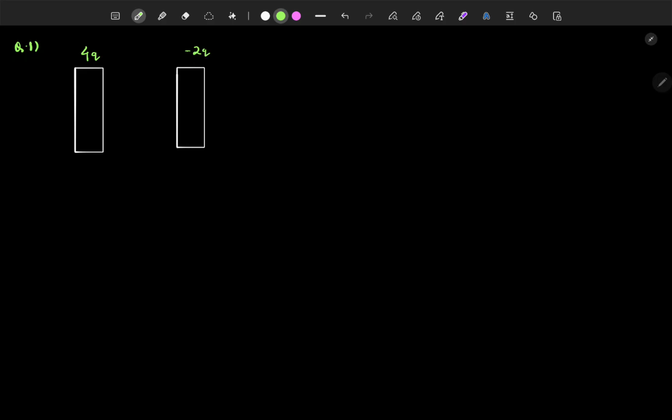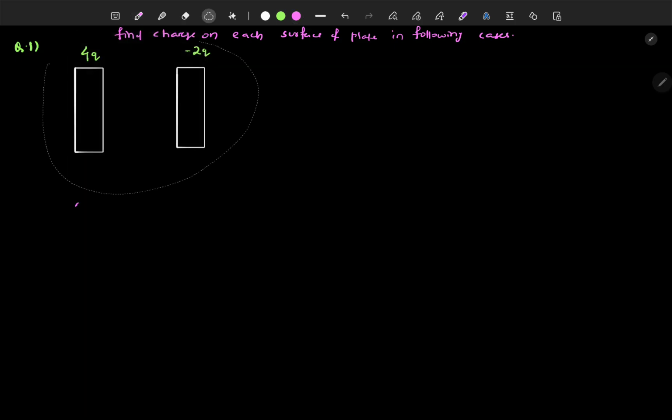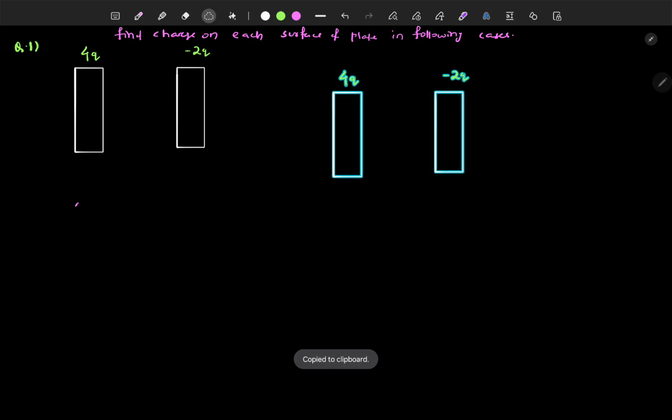Find the charge on each surface of the plate in the following cases. So how to solve this one? Now see, first, what do we have to do? Remember one thing.